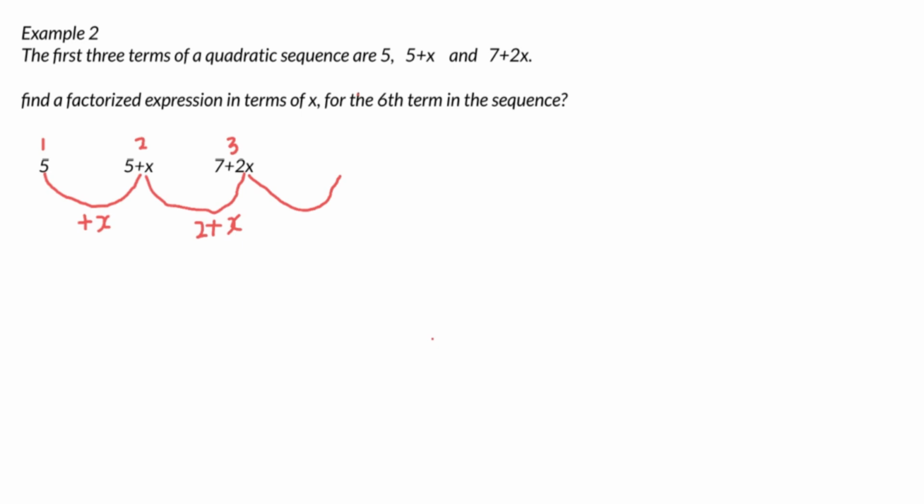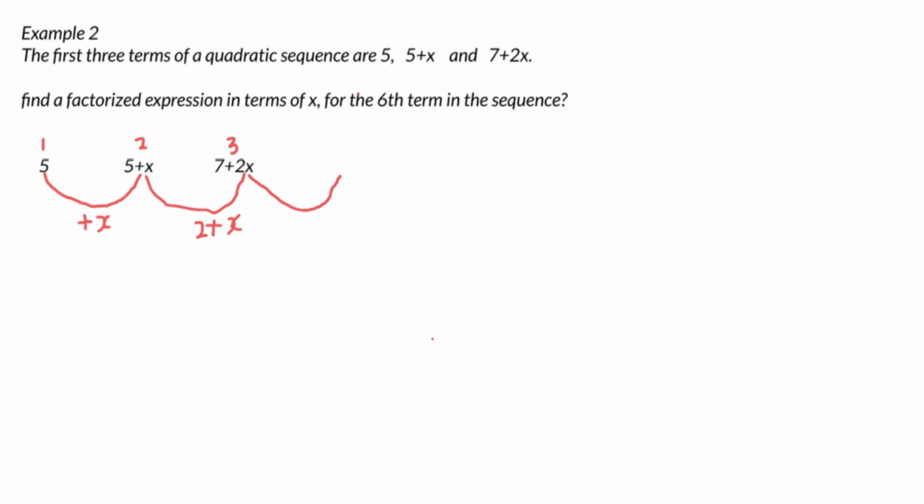Now, it already says it's a quadratic sequence, so we know it's either increasing or decreasing. But from what you can see here, it's increasing. If you look at the first number, 5, the difference is plus x, and then the second one, the difference is 2 plus x.